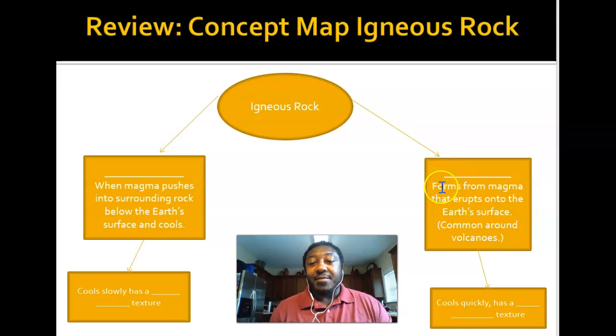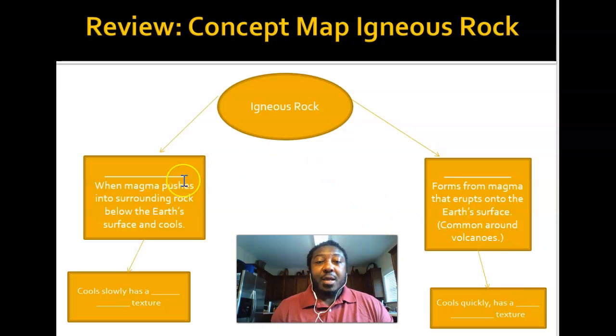If you identified an extrusive igneous rock, you're exactly correct. It says cools quickly and has a blank texture. Because igneous rocks cool so quickly, the mineral crystals don't have time to grow larger, so it's going to have a fine grained texture.